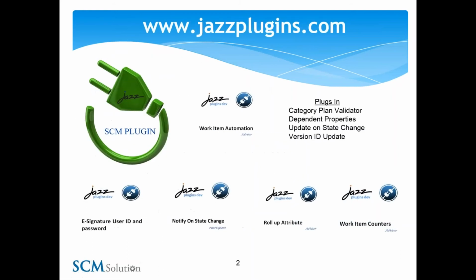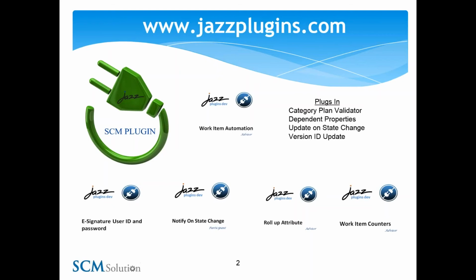So as Ingrid was mentioning, what we mean by the JAS plugins is, within the collaborative lifecycle management solutions, there are a number of customizations that come out of the box. Whereas if it is business-specific customization, for example, if you have work items that have parent-child relationships, you can set up an operation such that whenever all children tasks are completed, go ahead and automatically close the parent task.